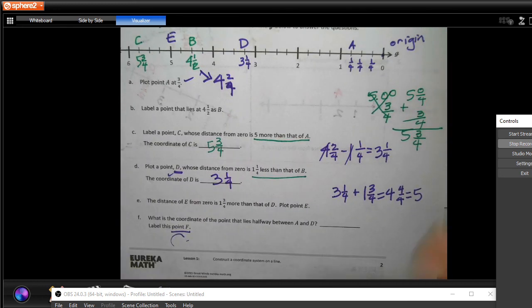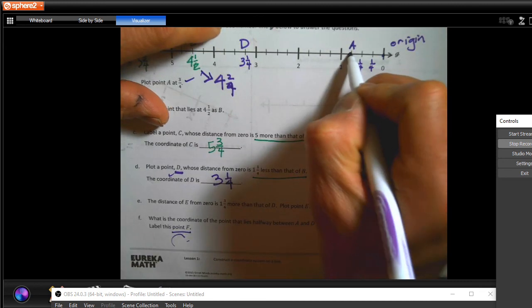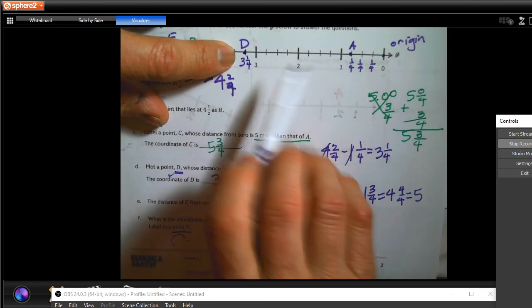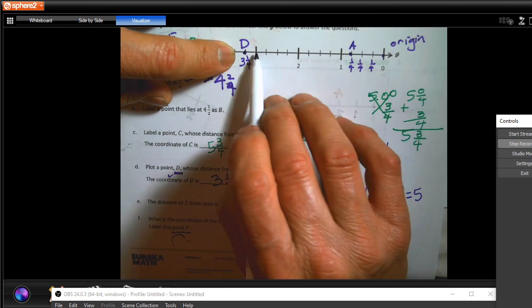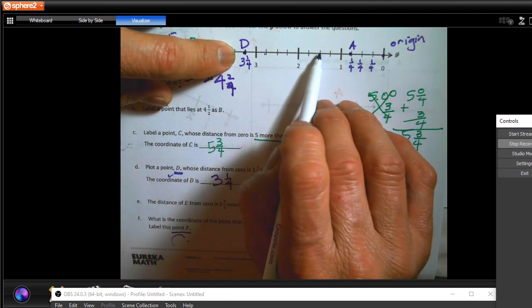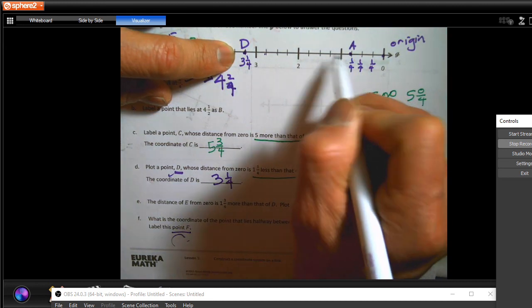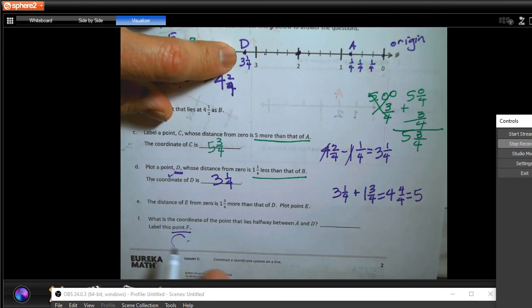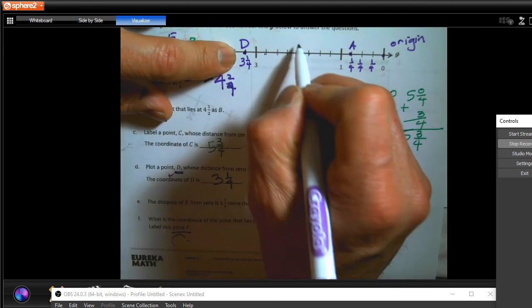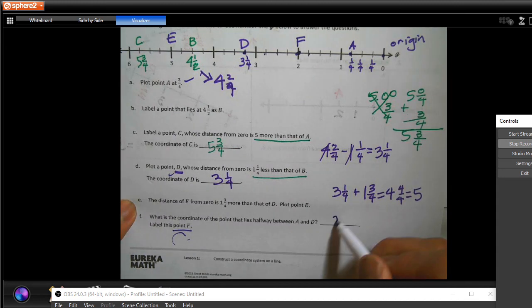So here is A, and D. We're going to count how many it takes, and then we'll find out where the halfway point is. 1, 2, 3, 4, 5, 6, 7, 8, 9, 10. Oh, look at that. So we count 5. 1, 2, 3, 4, 5. Oh, look at that. That's where the point F will be. Point F will be 2. And now we have to write it on the line here.